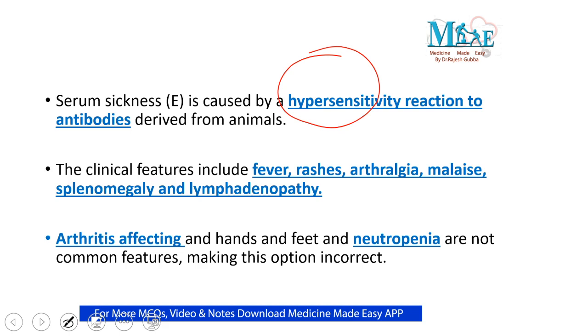Fever, rash, arthralgia, malaise, splenomegaly and lymphadenopathy. And in our clinical question, only splenomegaly is there, but the other features like arthritis and neutropenia are not seen in patients with serum sickness. So that is the reason why serum sickness is also being ruled out.